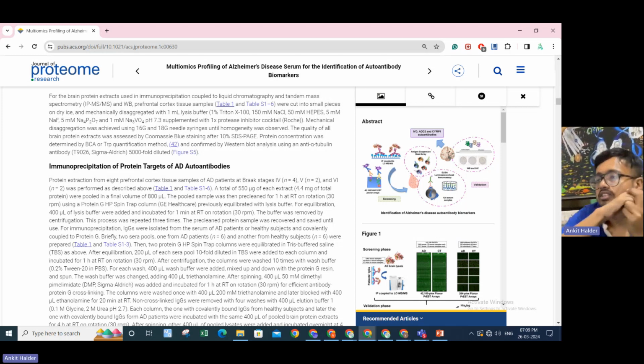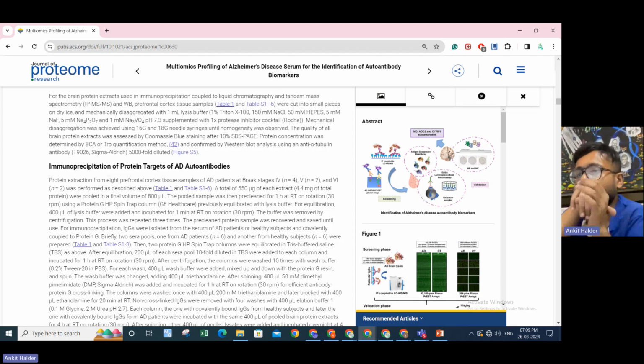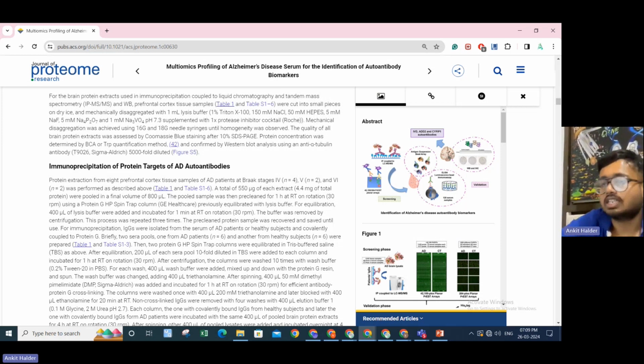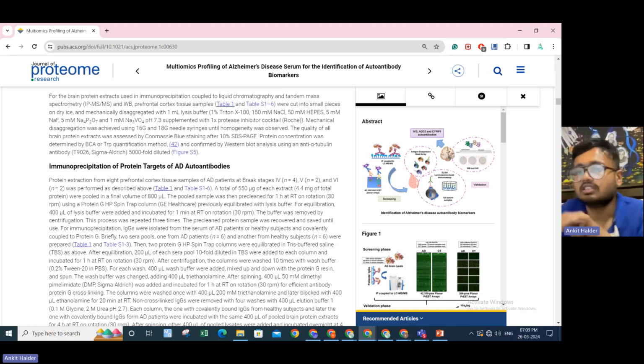Then the gel pieces were dried and incubated, peptides were extracted, purified using a ZipTip, and dried. Finally, samples were reconstituted in 1% acetic acid, 2% ACN before the analysis, loaded into a pre-column and diluted onto C18. The mobile phase used different solvents and gradients, and this was done finally.